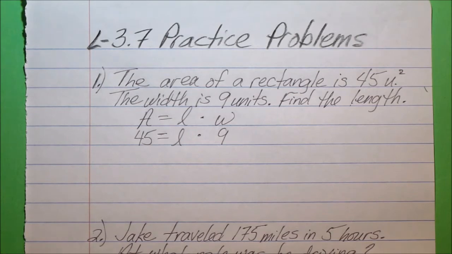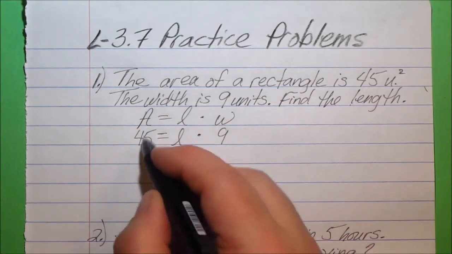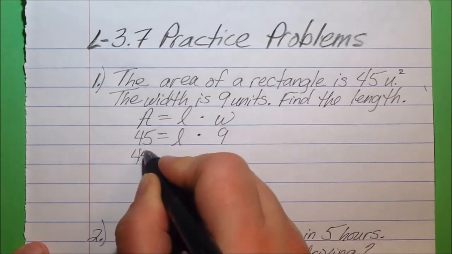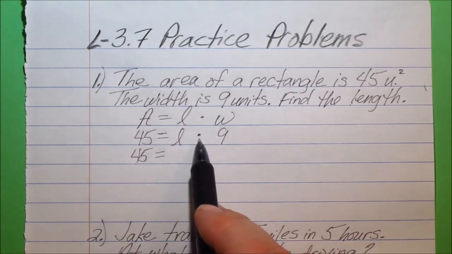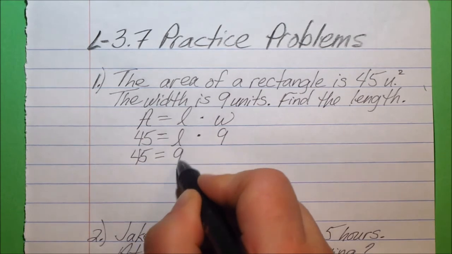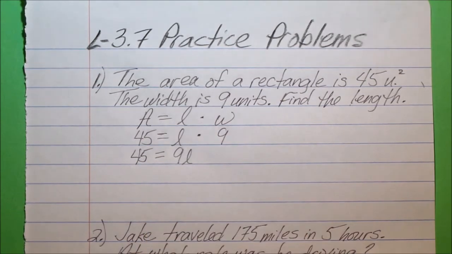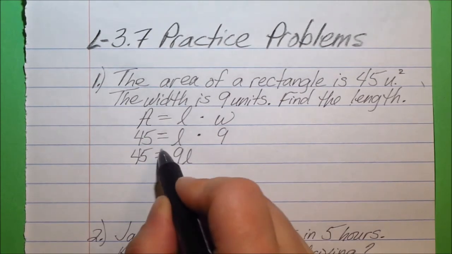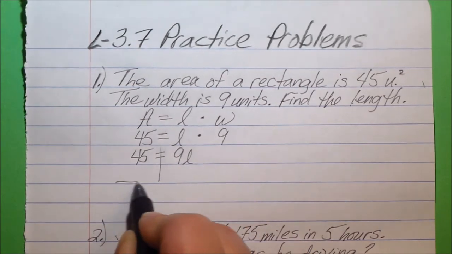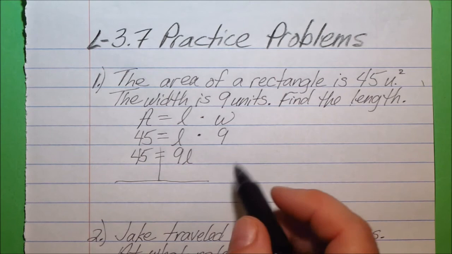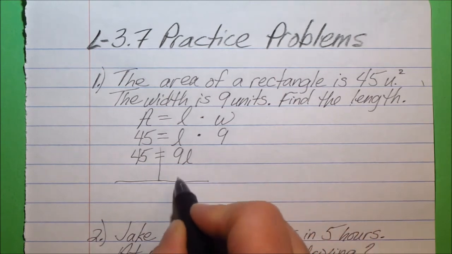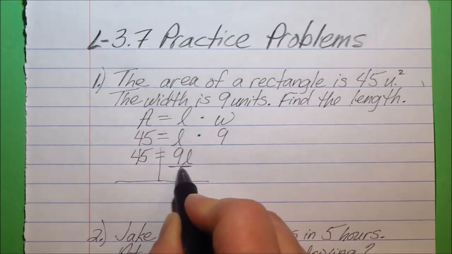Now, the next step is to do any simplifying on either side of the equation. So I've got 45, and now I'm going to get rid of this multiplication symbol and just call it 9L. Next step is to solve my equation for L. L wants to be alone, so we've got to use inverse operations to help him out with that. 9L means multiply, so I know I need to divide.